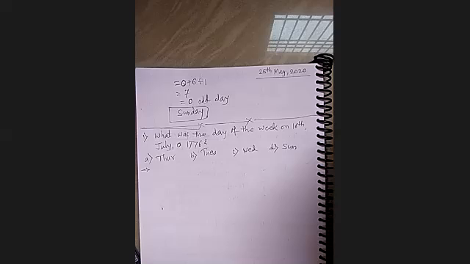Sahil, I'm just seeing your logic, whatever you have written. Though the answer is correct this way, I have a little bit of doubt in this particular logic, because you have just considered, let's say, 2 odd days, and 1600 has 0 odd days. Hence, 0 plus 2 is equal to 2, right?